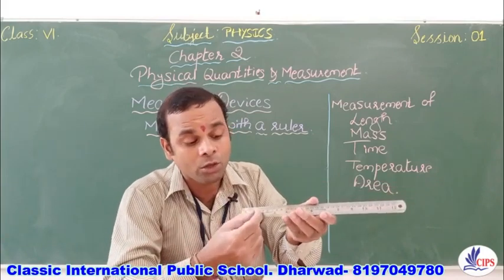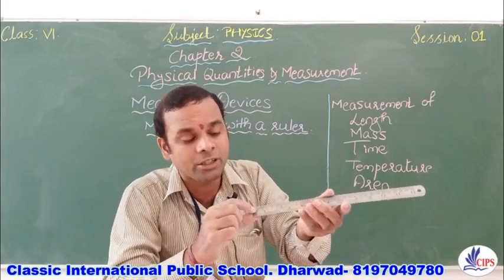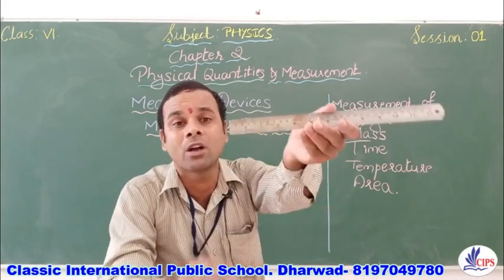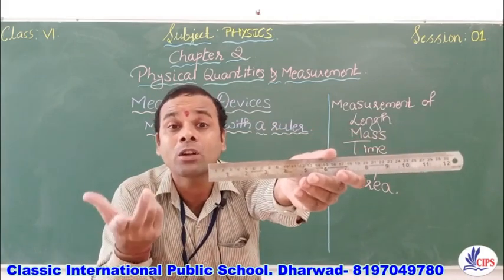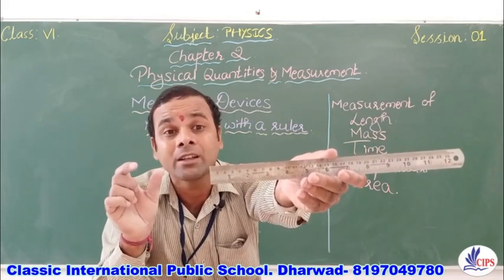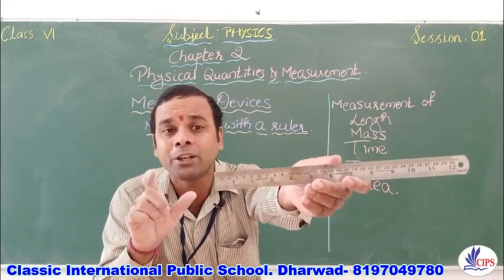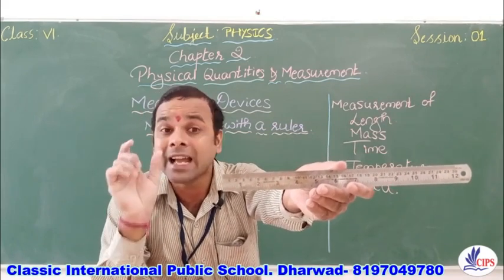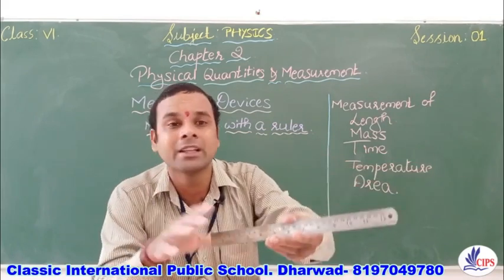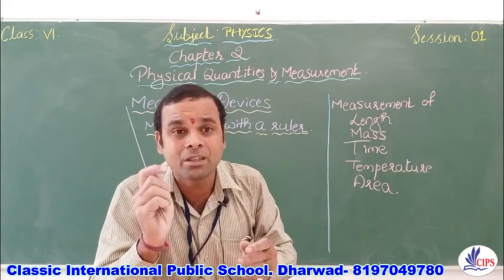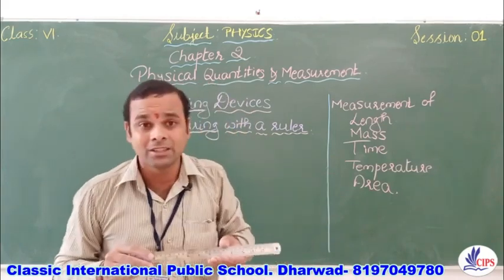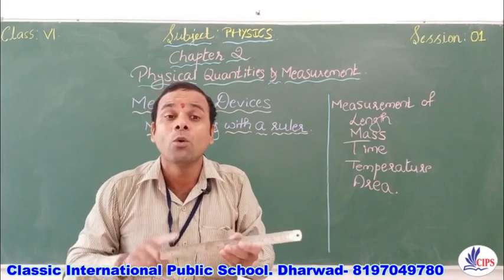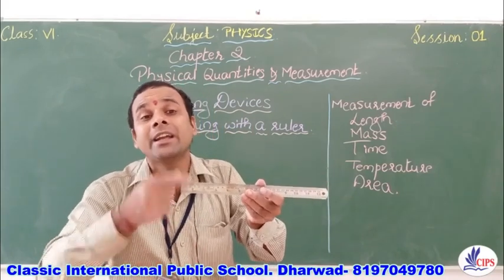On the ruler 1 2 3 4 and so on is written. If I do not know the unit that 1 has, then it is only a numerical value, it is totally a waste, of no use. So we must know what these lines indicate.